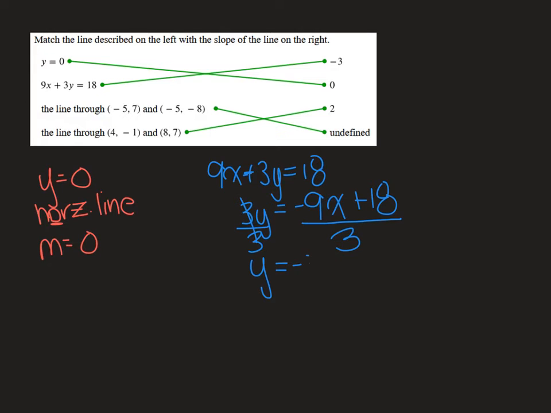So y equals negative 3x plus 6, and our slope is negative 3. As a reminder, slope-intercept form is y equals mx plus b. So that m is your slope.